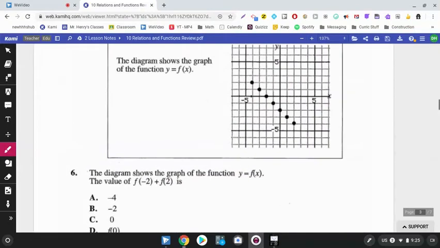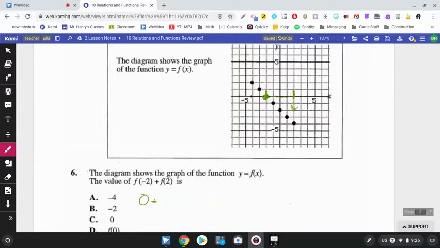Okay, those are inputs. So f at -2 means I go along the x-axis till an input of -2. Oh, and my point is actually 0. Okay, it's right there. Whereas f of 2, I go along the x-axis to 2. And you say, okay, well, what point has this actual input value?